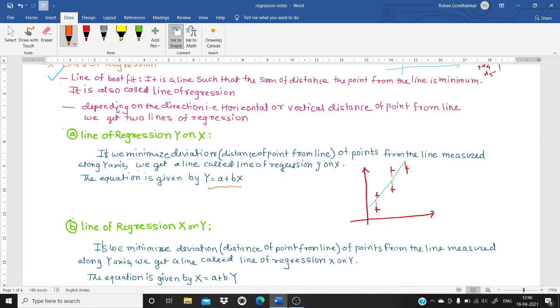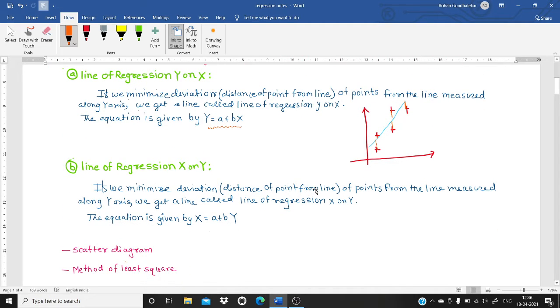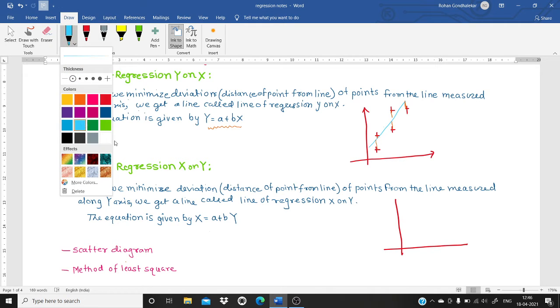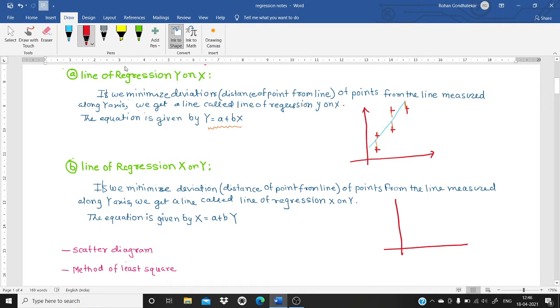Okay. The next is line of regression x on y. Of course, in y on x we are measuring the distance along the y-axis. In x on y, we are measuring the distance along the x-axis. So what will be my diagram? Just have a look at this. Some few points I'll draw there just for understanding.